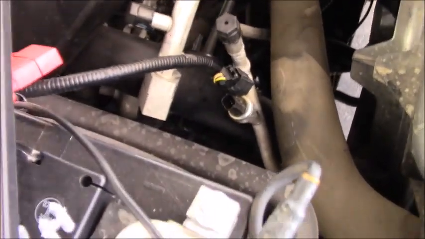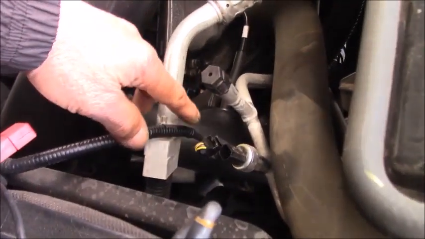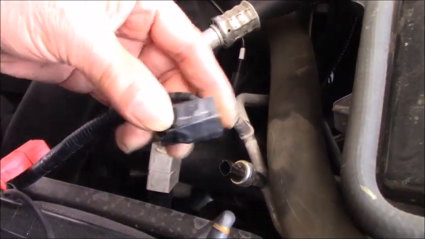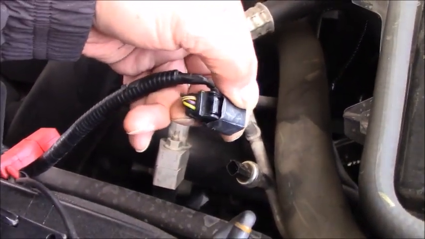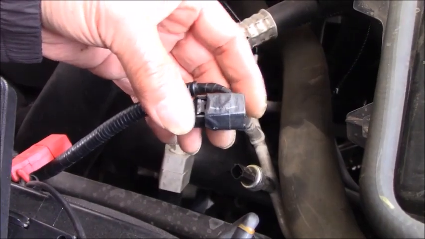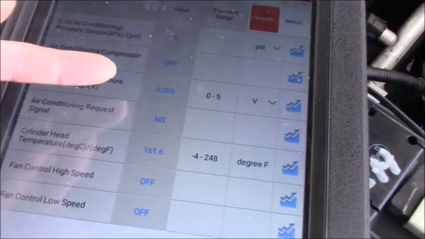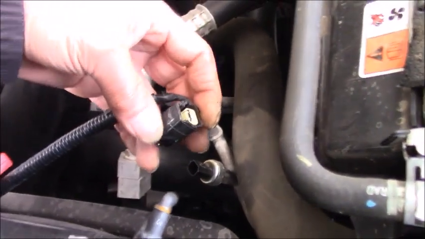Okay, so now we deal with this sensor and see what's going on. Are we missing ground? I don't think we're missing the ground, because we have the voltage reading at 3.5 volts. If we're missing the ground, the sensor will read 5 volts right here.